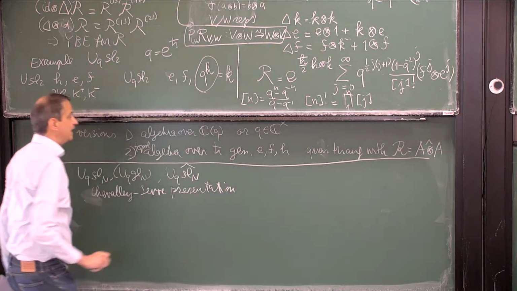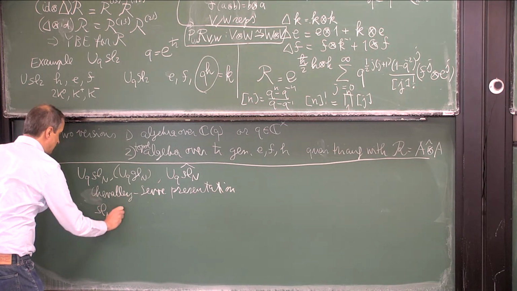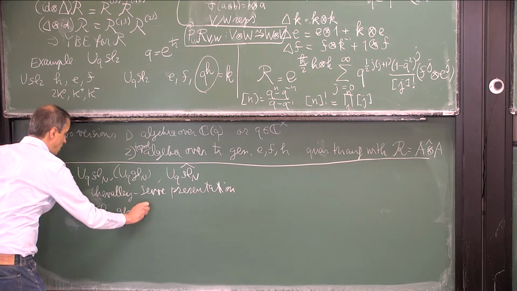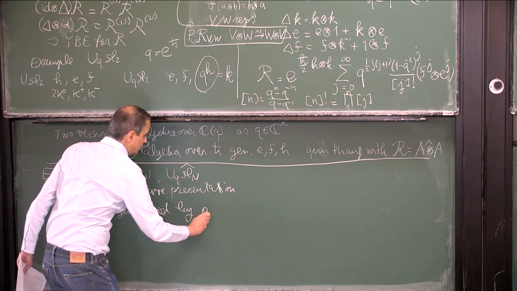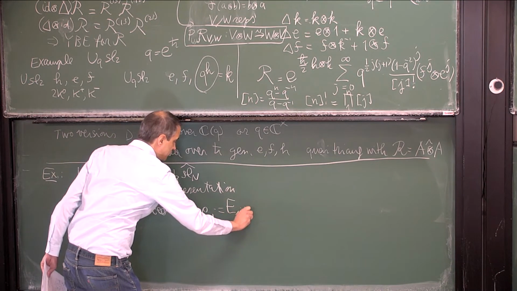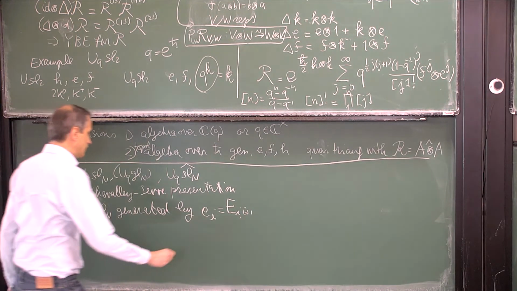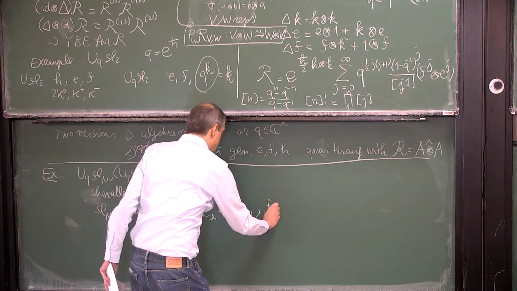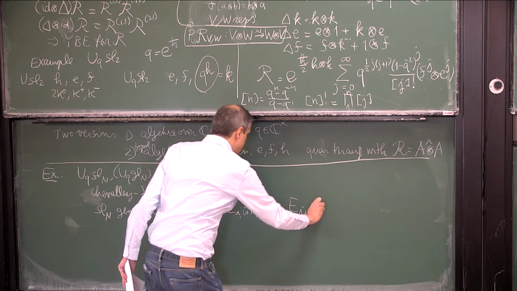In the classical case, the remark is that SL_N is generated as a Lie algebra by e_i, which are E_{i,i+1}, the matrix with the 1 in the position (i,i+1) and 0 elsewhere, and f_i equal to E_{i+1,i}.